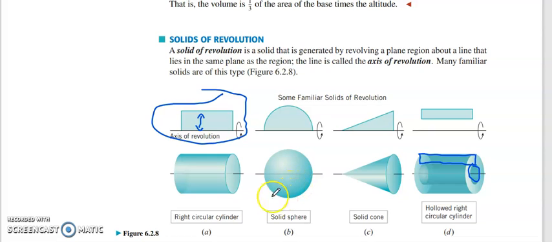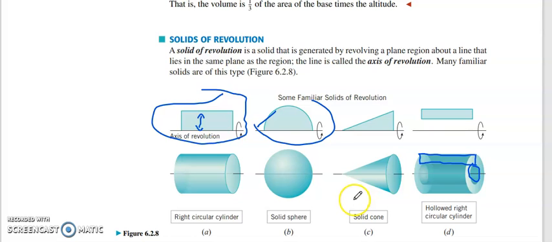Now our aim is this: if you are given only this structure, so you are given a curve and an axis, using that you need to find the volume of the resulting solid of revolution. That is the next thing we are going to see.